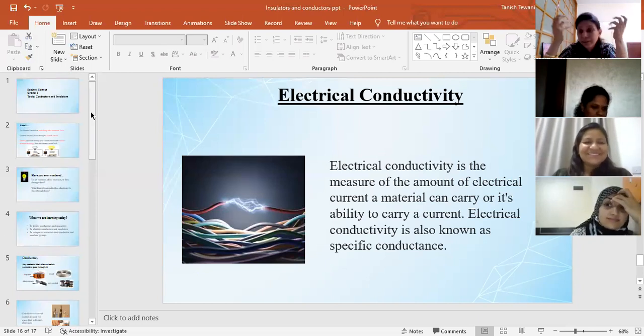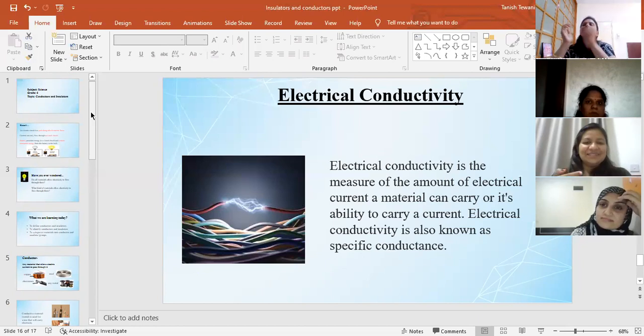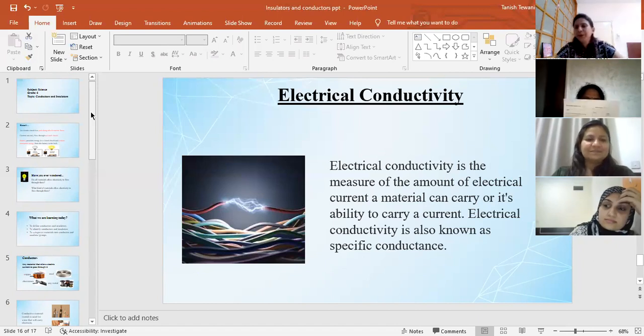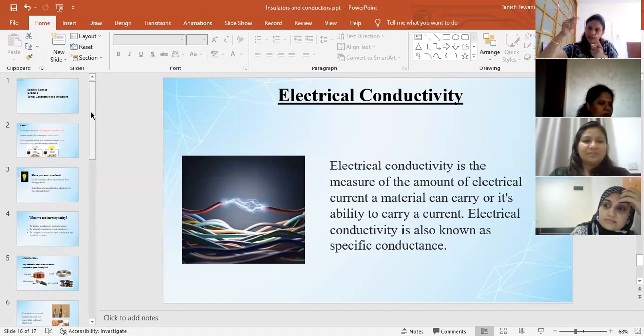It's everywhere. This screwdriver will be the conductor. Do you children agree with Babli? Yes, ma'am. The front part is the conductor, but the back side is an insulator. Very good, Babli. So the screwdriver, the front part is the conductor, right?